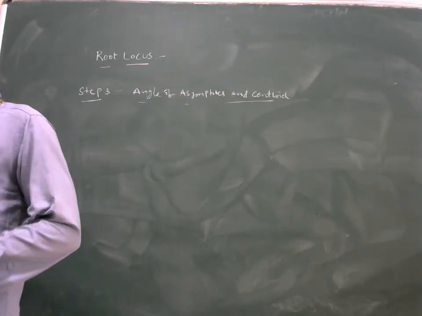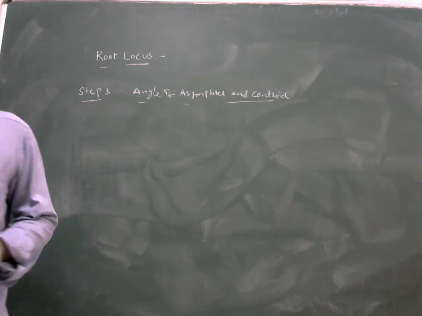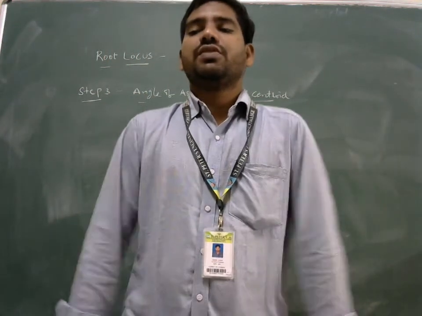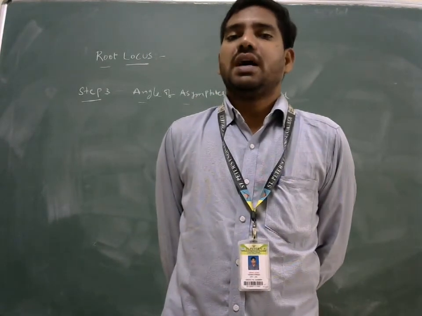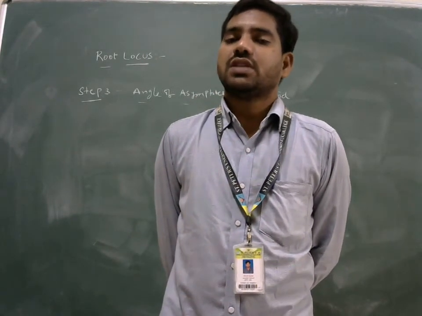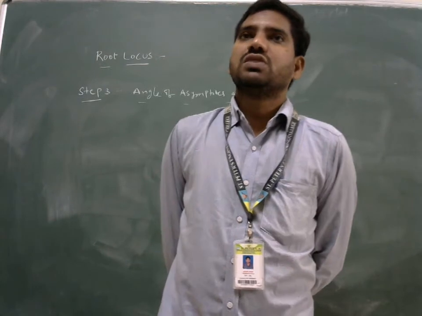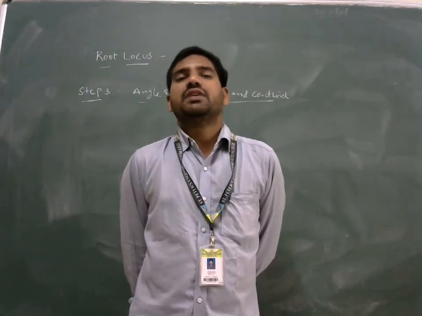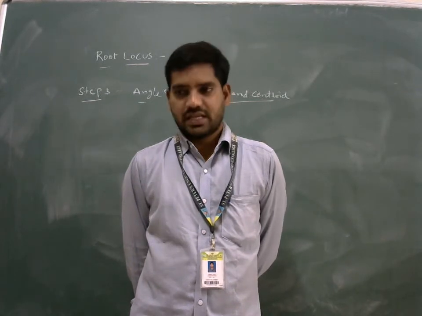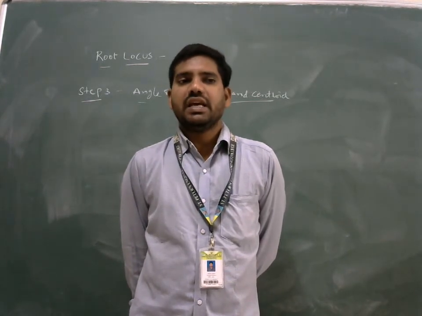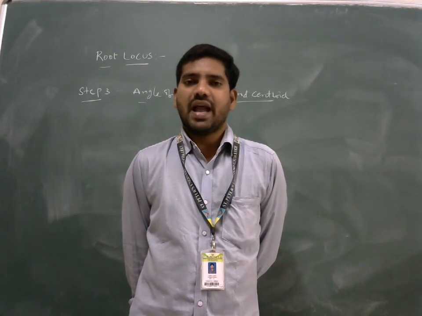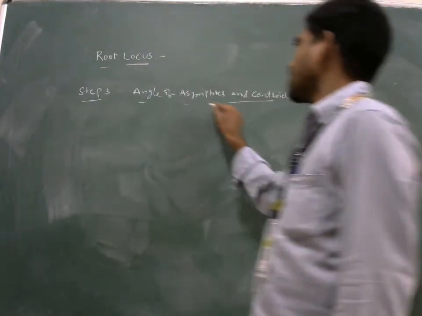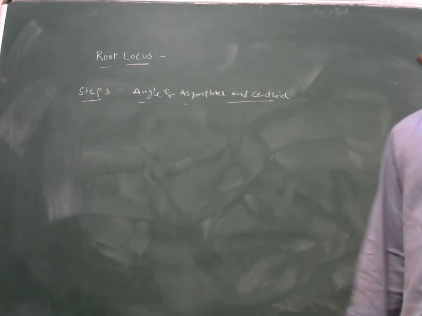What is an angle of asymptotes? Angle of asymptotes is nothing but in the root locus itself. We know that root locus is a path. The roots will travel from 0 to infinity. Whenever the roots travel like that, definitely they will go with some angle. That angle we need to identify. That angle we are going to find out is the angle of asymptotes.